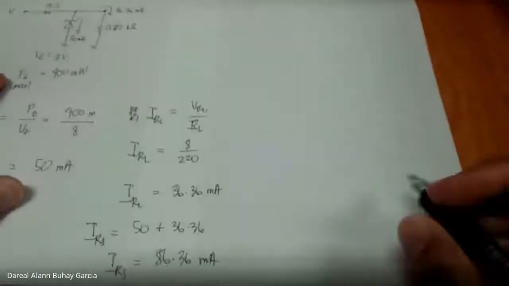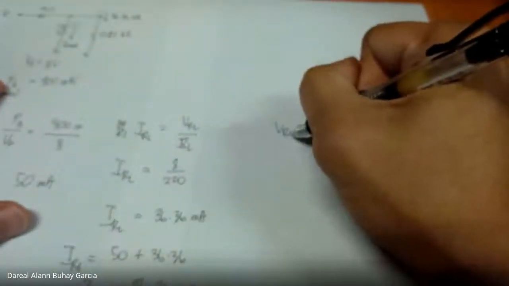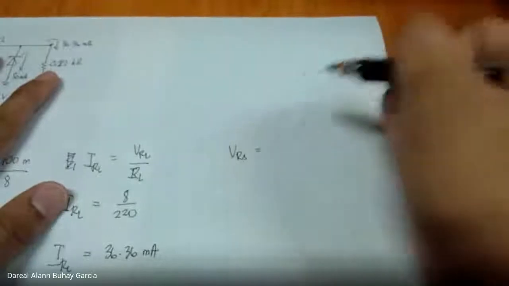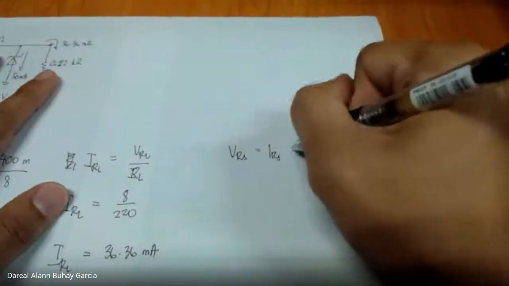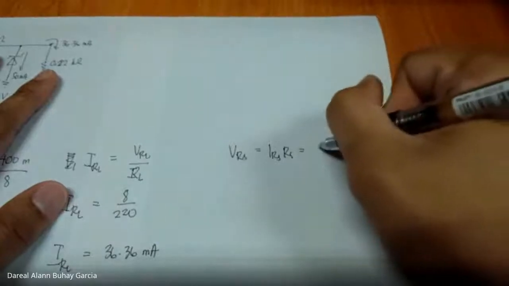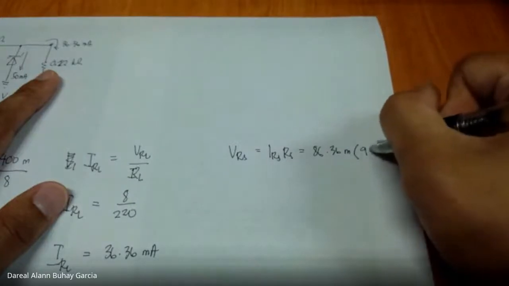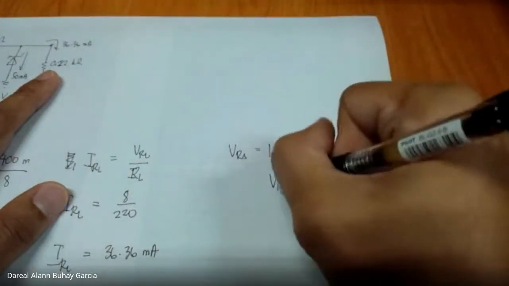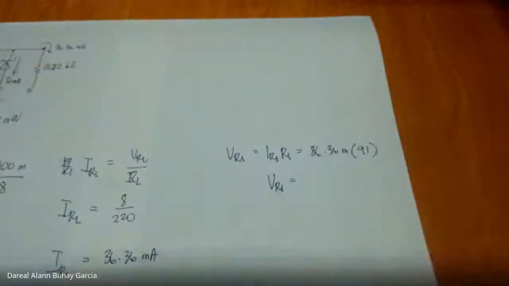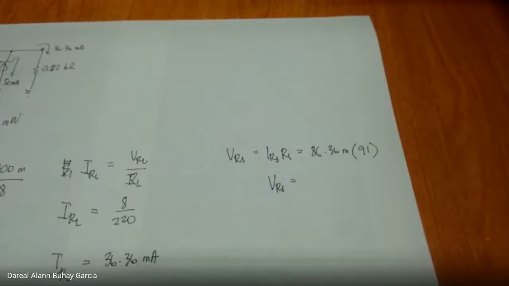VRS is IRS times RS, 86.36 milliamperes times 91 ohms, which is 7.86 volts.